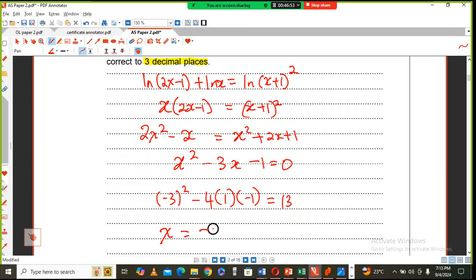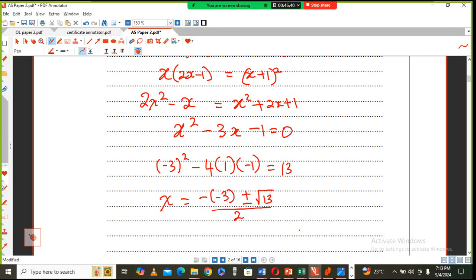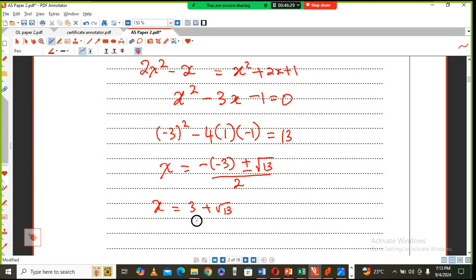So x will be minus the value of b, which is minus 3, plus or minus the square root of 13, all over 2. Am I speaking along? So x equals 3 plus root 13 all over 2, or x equals 3 minus root 13 all over 2.